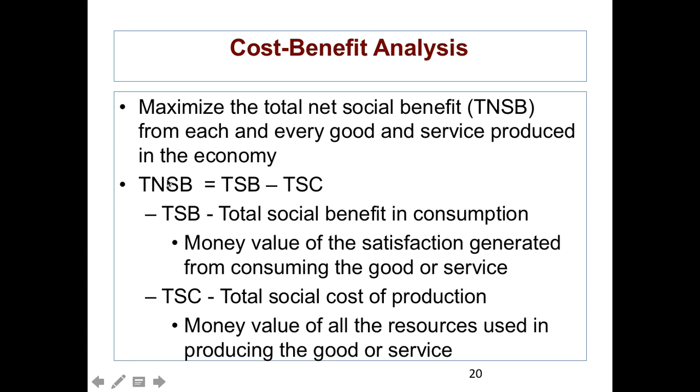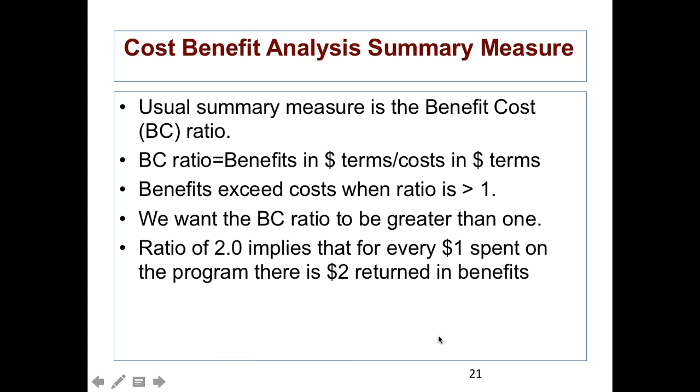To maximize that means that you want to produce up to the point and consume up to the point where the difference between these two is at the maximum point. So how can we look at that?